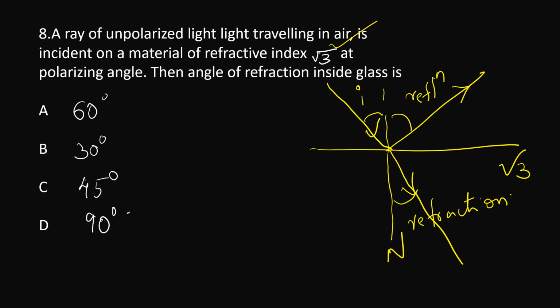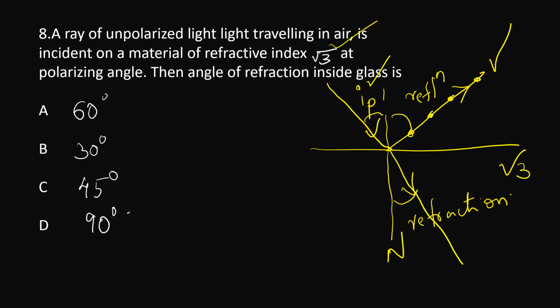So Brewster's law states that the angle of incidence for which the reflected ray becomes completely polarized is called Brewster's angle. So when this reflected ray becomes completely polarized, we can call this angle of incidence Brewster's angle.